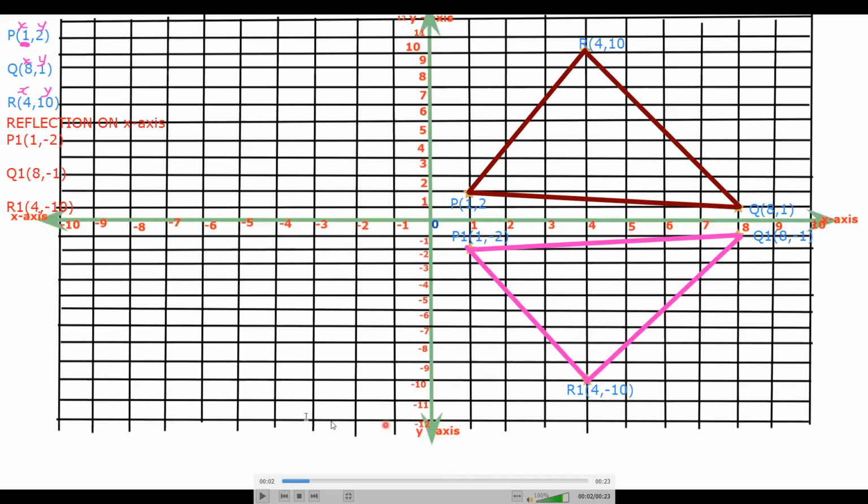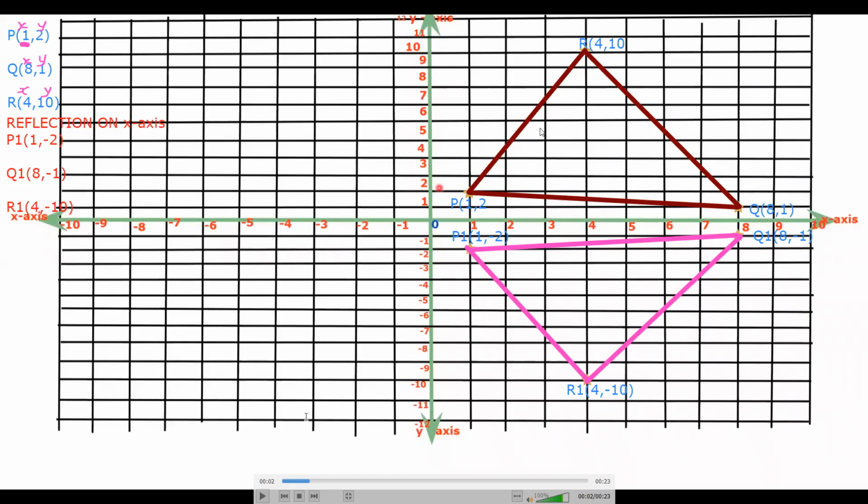Now, the question was also asking about the same point PQR here. This point PQR here is reflected on y-axis. We are done with the reflection on x-axis, where the x-axis will serve as a mirror line. So this time, the y-axis here will serve as a mirror line. The question says point PQR, not point P1, Q1, and R1.